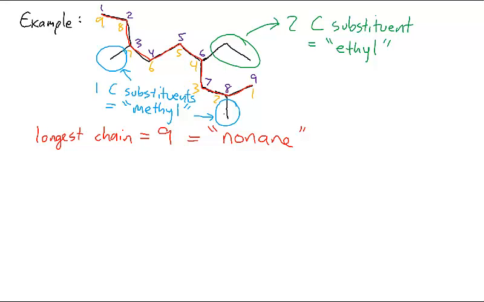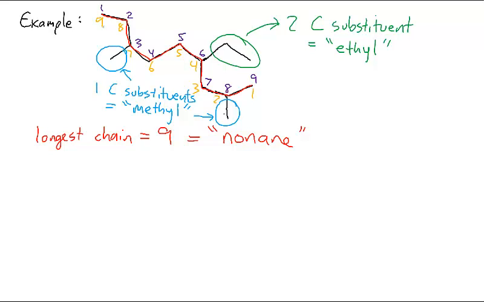So I need to choose the direction that gives me the lowest number for the first substituent. Is that going to be purple or orange? Orange. If I go with the orange numbers, the first substituent's on carbon 2. With the purple numbers, the first substituent will be on carbon 3.